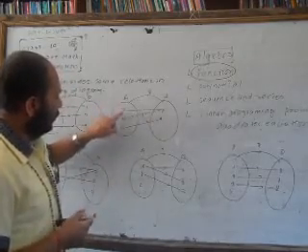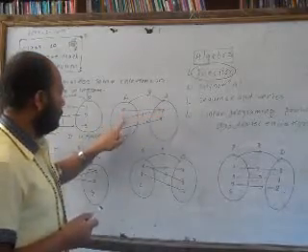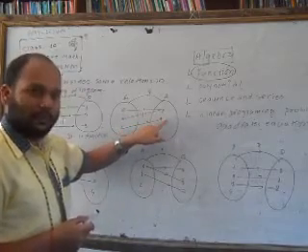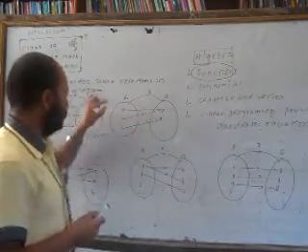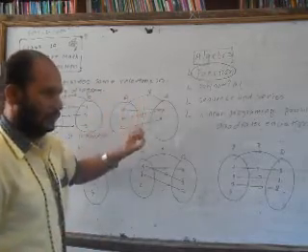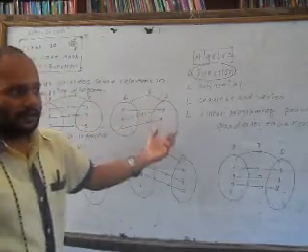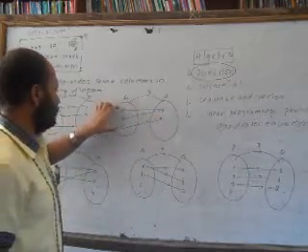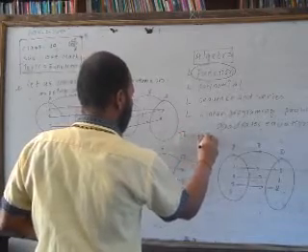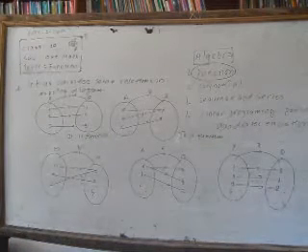Here also A maps with a single element, a unique element, B maps with a single element, C maps with a unique element, and no one is left. So this mapping diagram also follows the condition: each and every element of the first set maps with a unique element of the second set. So it is also a function. You write here, it is a function.